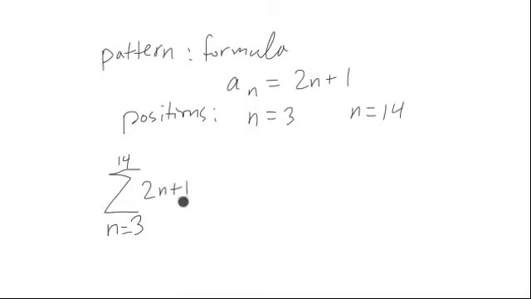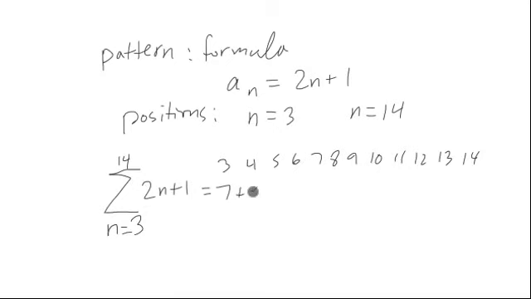We could actually write this out. At position 3, 4, 5, 6, 7, 8, 9, 10, 11, 12, 13, and 14. At position 3, we plug it in, because n means position, so plug 3 in for n. 2 times 3 is 6, plus 1 is 7. Now, instead of plugging all these in, let's just remember that the slope of this line is 2, so we're adding 2 each time.